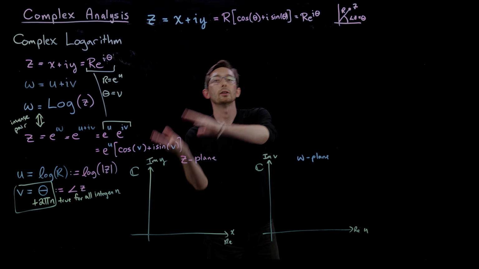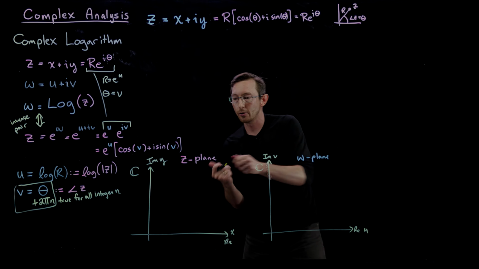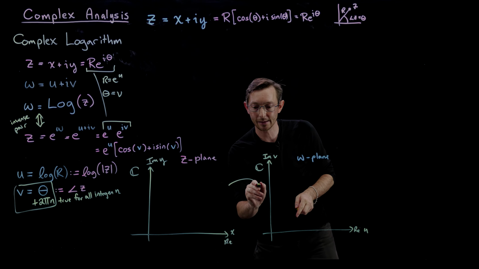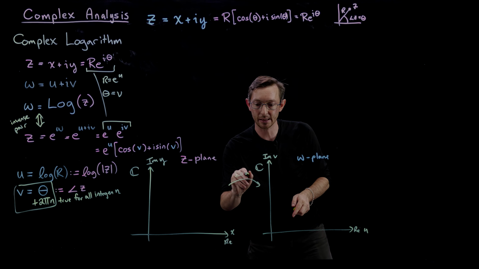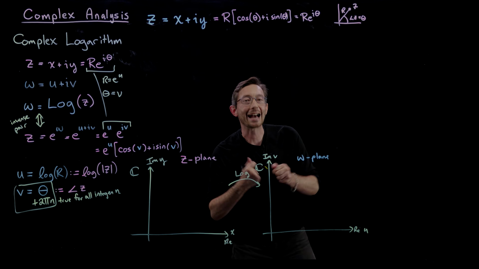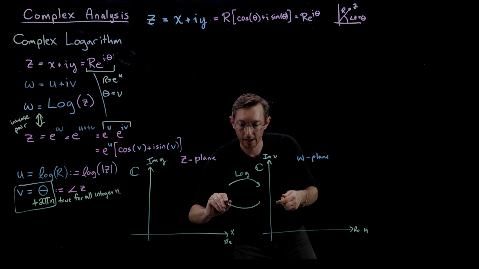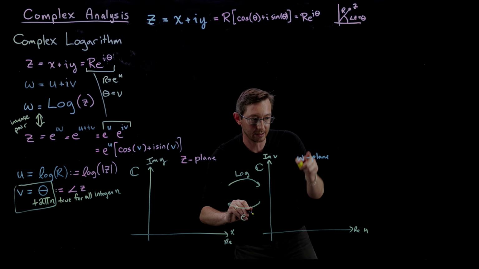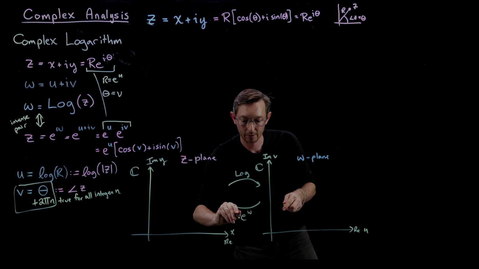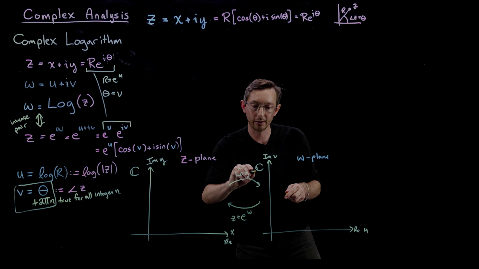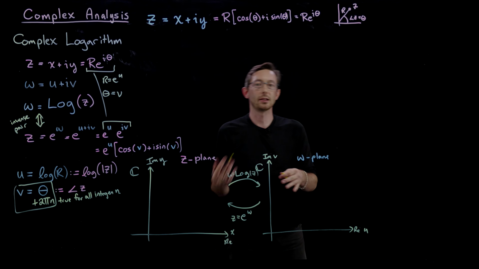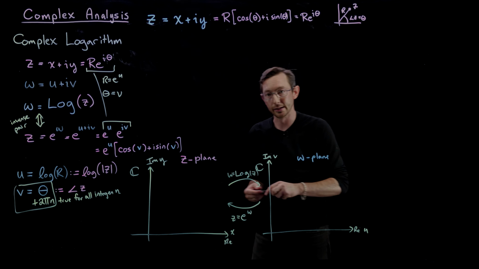And what we're going to be saying is, if I go from z to w, the log function takes me from z to w, and the exponential function, e to the w equals z, and log of z equals w. So w equals log of z, z equals e to the w.